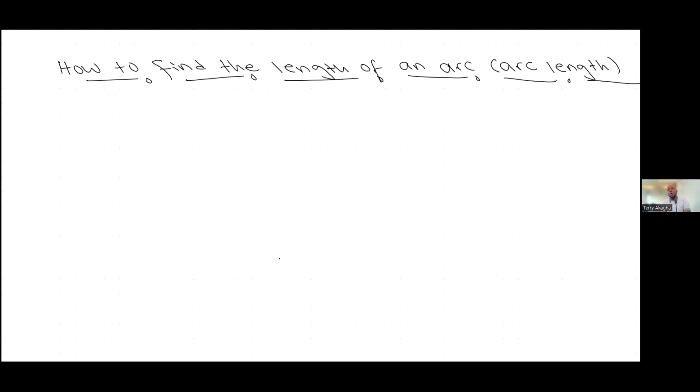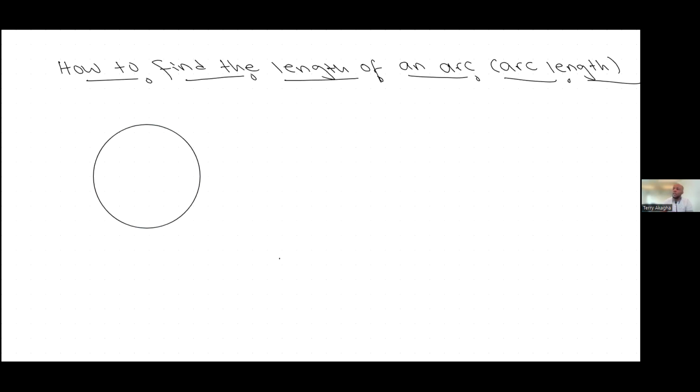Now, when we talk about an arc length, the arc length is a portion of the circumference of the circle. In the previous video, I told you that the circumference of a circle is the distance around it.